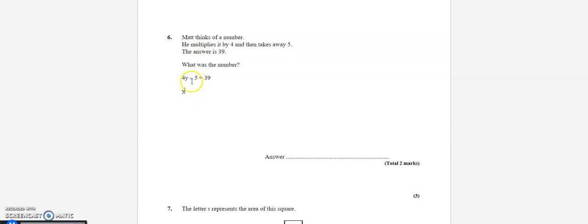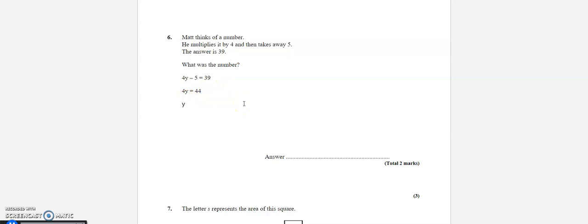So the first thing we can get rid of is this minus 5 here. So if we add 5 onto this side of the equation, we can get rid of that altogether. But we'd also have to add on 5 to this side of the equation as well to balance it out. So we can just say 4y equals 39 plus 5, because we're getting rid of this 5. And that would give us 44.